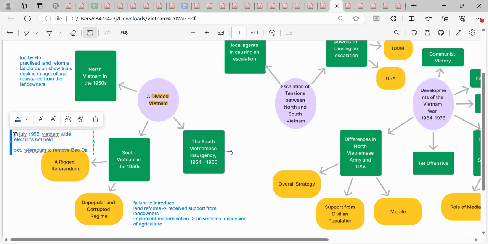It was a rigged election because there were accounts whereby the number of votes outnumbered the number of people in some villages, meaning, for example, a village had 100 people, but 150 somehow voted in favor of President Diem coming into power as the figure to replace Bao Dai. Okay, so yep, unpopular there. The examples of his unpopularity are quite easy to remember.